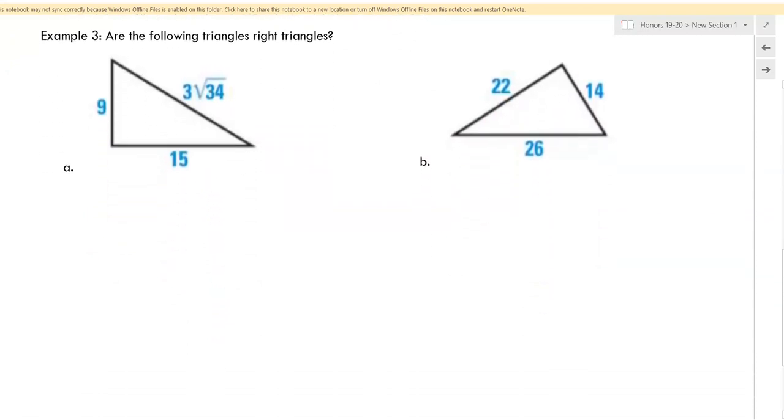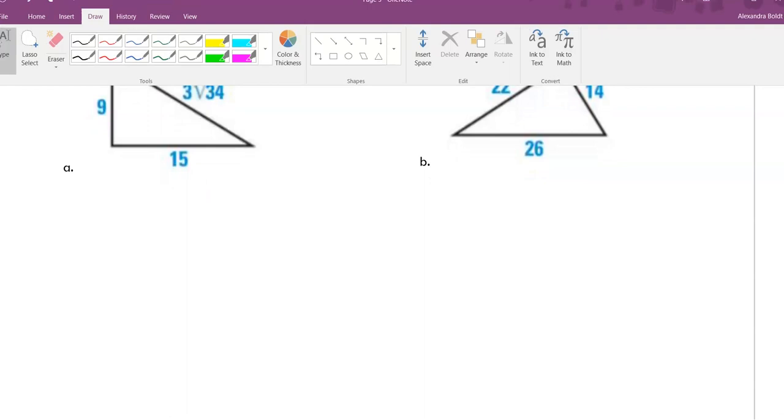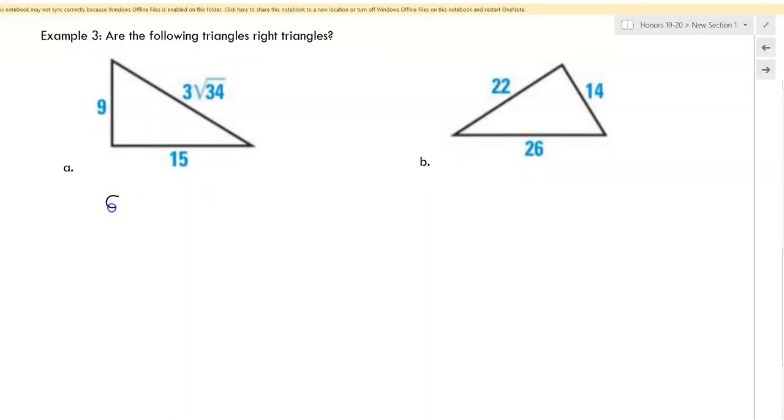So are the following triangles right triangles? Again, I'm going to do a squared plus b squared equals c squared. Your longest side is c. Whatever the longest or largest number is c.